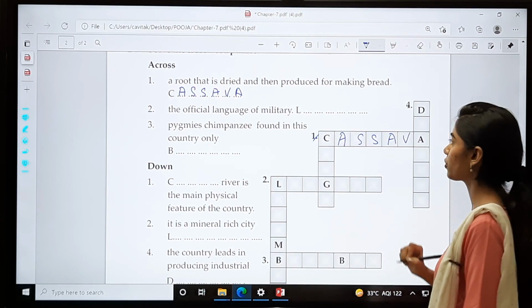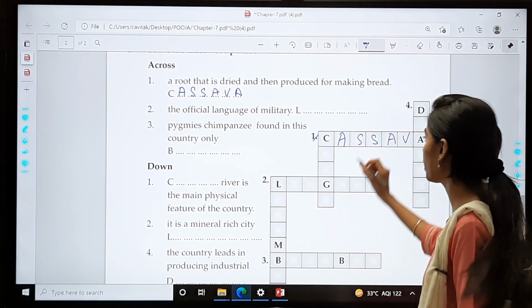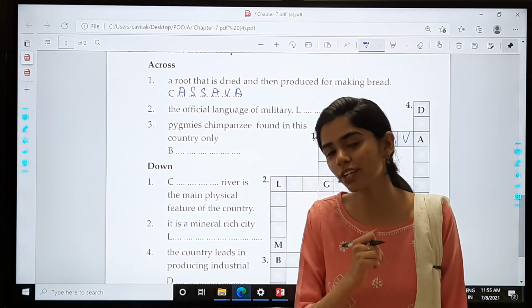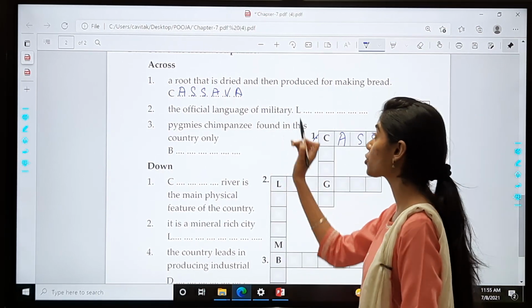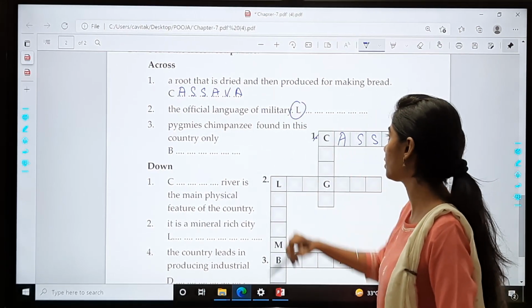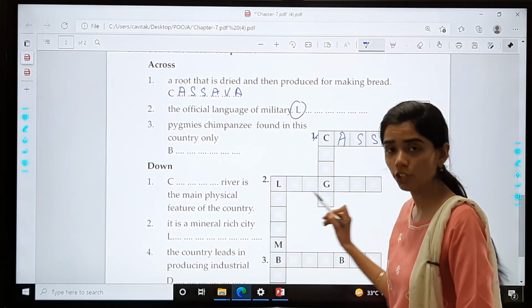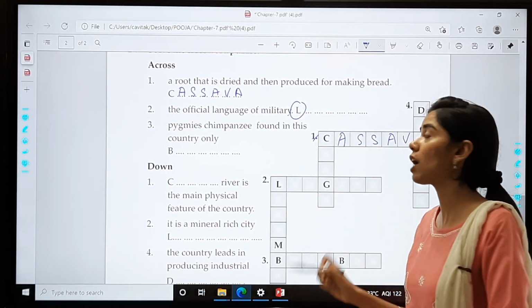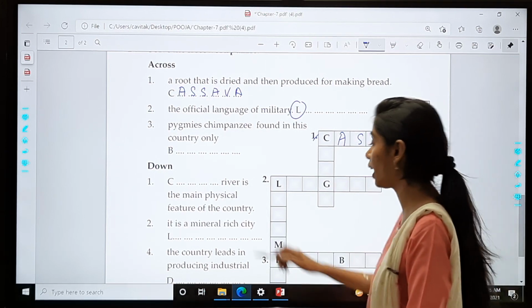Is it clear, all of you? Okay, so in this way you have to solve this puzzle. It is very interesting to do. The official language of the country: there is a hint given, L. So you have to write the language over here. Pygmies, chimpanzee found in this country only.